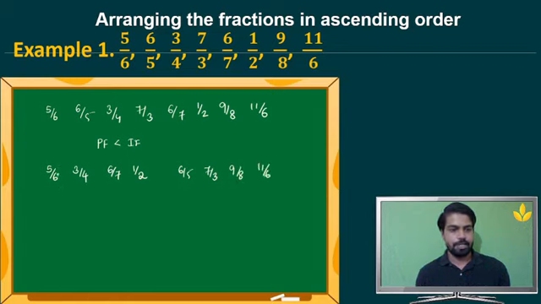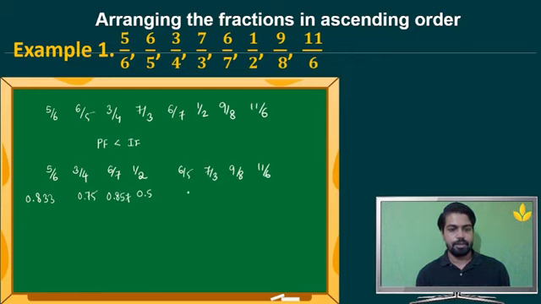Now let us see the value of 5 by 6. 3 by 4 you know, 1 by 2 you know, it's very easy, 0.5 and 0.75. Whereas 5 by 6, if you go to percentage classes, you will understand exactly the value of this. I'm going to write it as 0.8333, a non-terminating number. Also 6 by 7 will come around 0.857 if you divide.